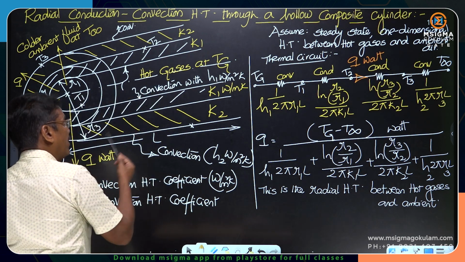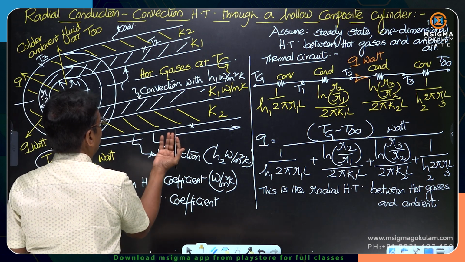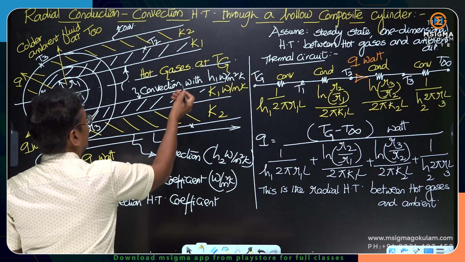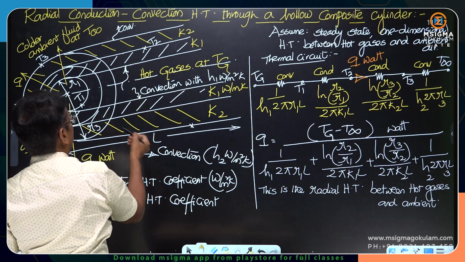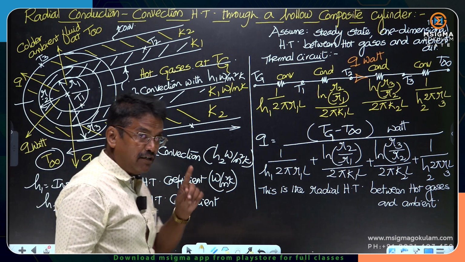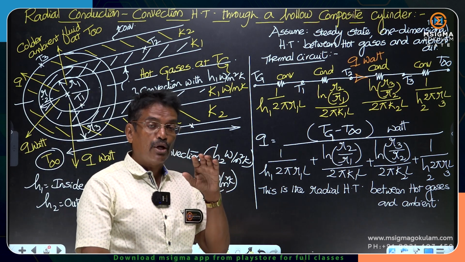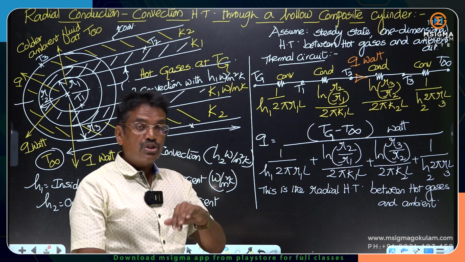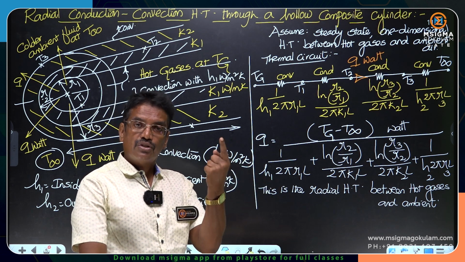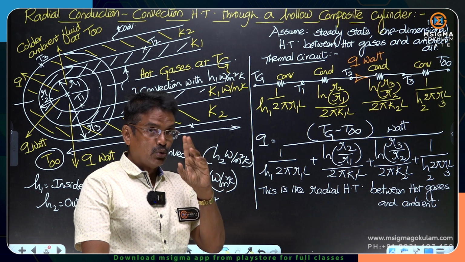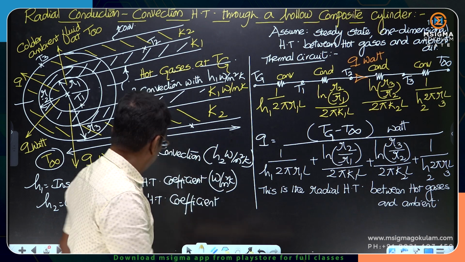So, why I need to define two overall heat transfer coefficients here is, we have a different convection area inside and a different convection area outside. In the case of slabs, there was no such need, because both sides of the slab have the same convection area, so it was sufficient to define only one U. Here it is not like that.